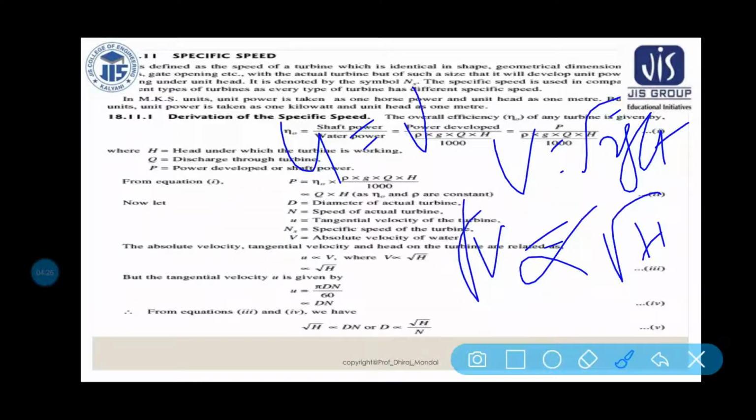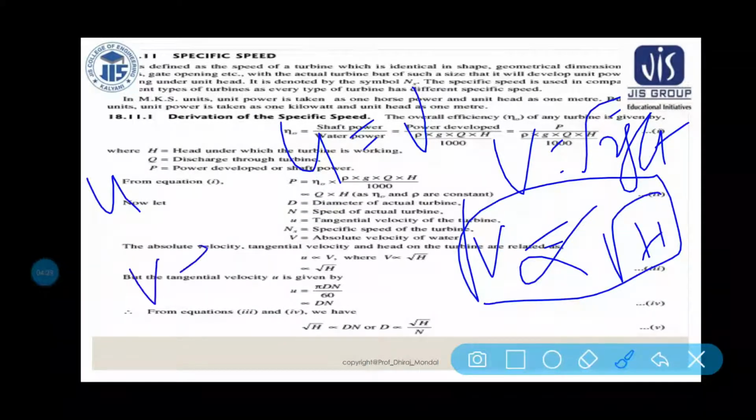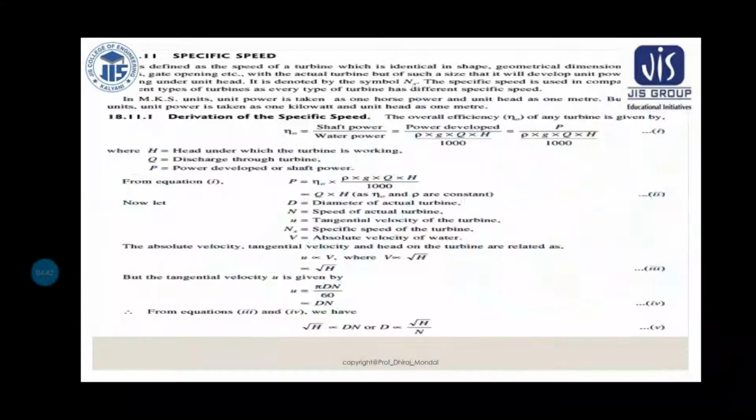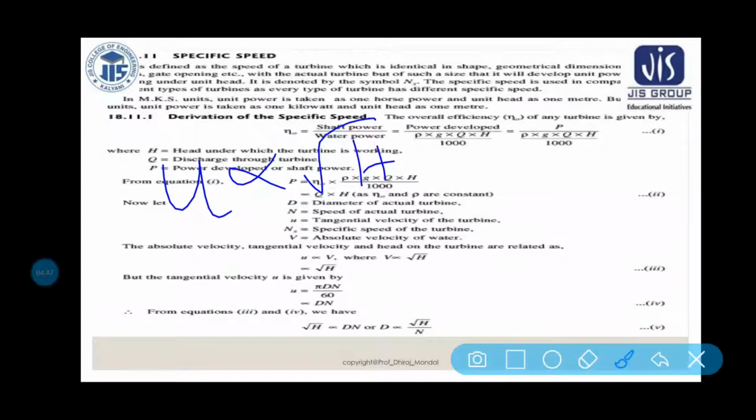And as you know, if you increase the velocity of the nozzle, the blade velocity also increases, so U is proportional to V. If U is proportional to V and V is proportional to root over h, then U is proportional to root over h. V is the absolute velocity of the jet and U is the velocity of the wheel.